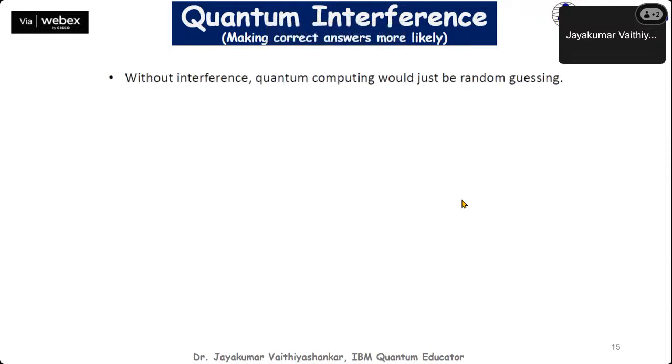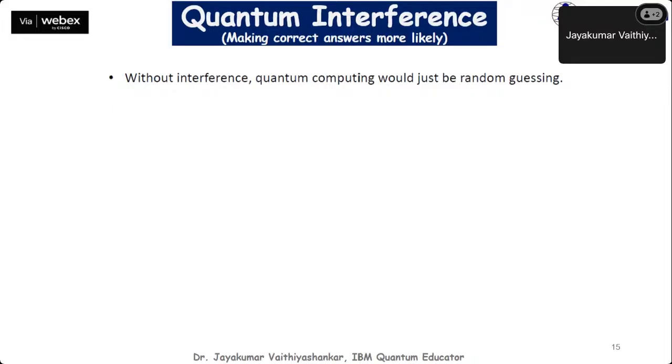Without interference, if you use quantum computing, it will be just random guessing. That is why we need to use measurement at the end of our quantum circuit. Measurement will create interference and interpret your result. Otherwise you might ask, if everything is random in quantum, how can we believe quantum computation?